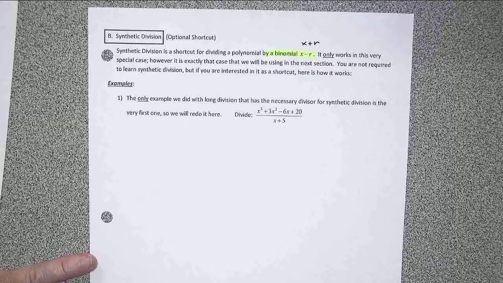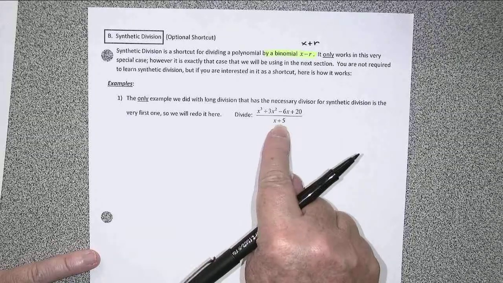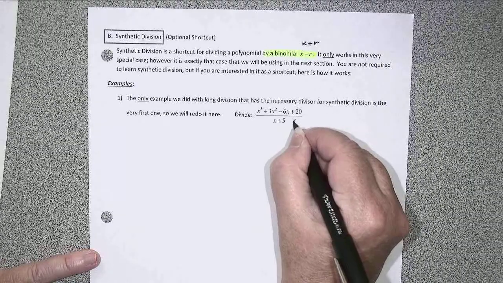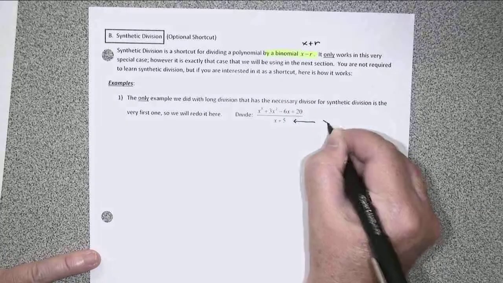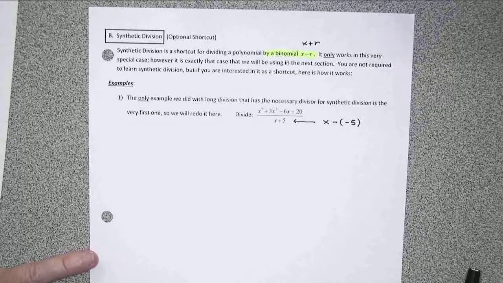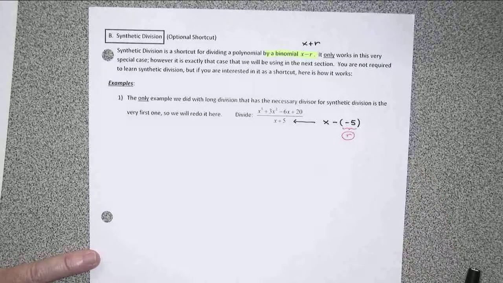The only example that we've already done that works with synthetic division is actually this very first one. The reason it works, notice the form of the denominator, x plus a number. If I think of this as x minus a negative 5, the value of r is the negative 5. That's why we like to think of it in the x minus form.